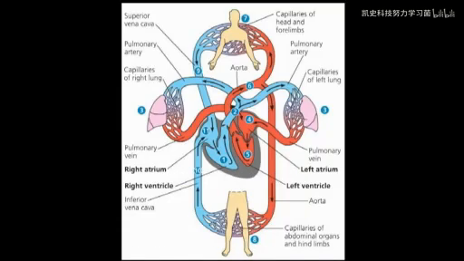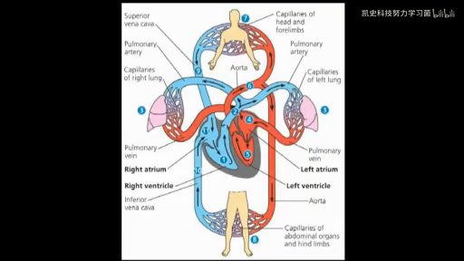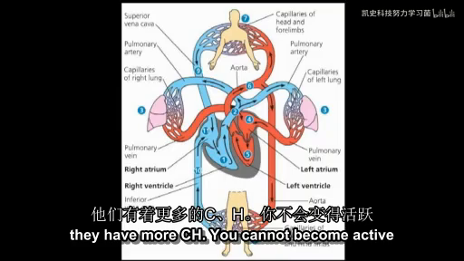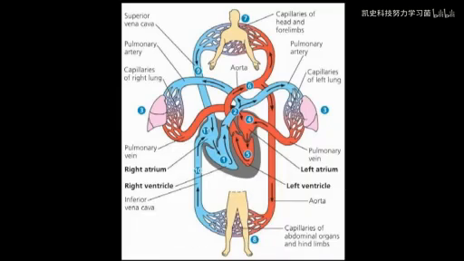And then you understand all this pH and the rest is nonsense, but in a way it gives you an indication of how much energy you brought in. This is why, look at the hyperactive people. Are they more alkaline or more acidic? They have more CH, because you can't become active if you're not using hydrogen.